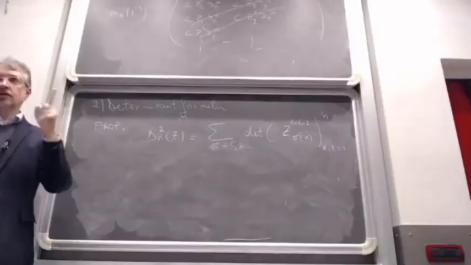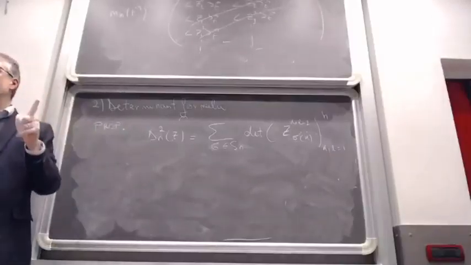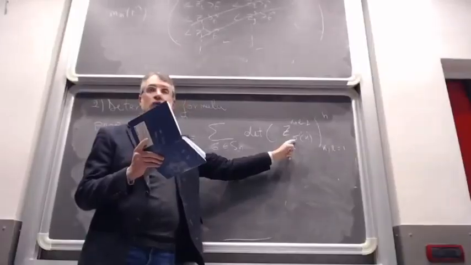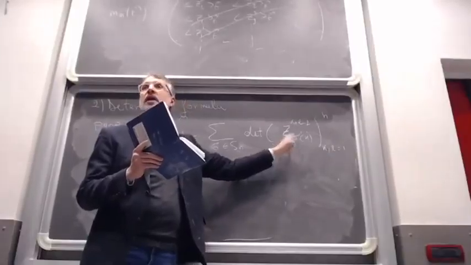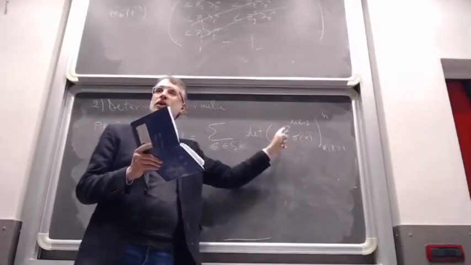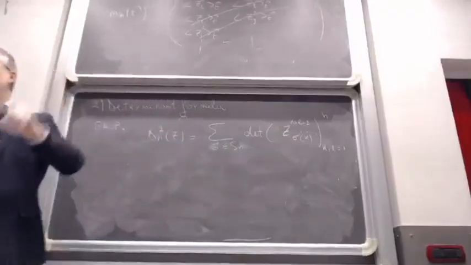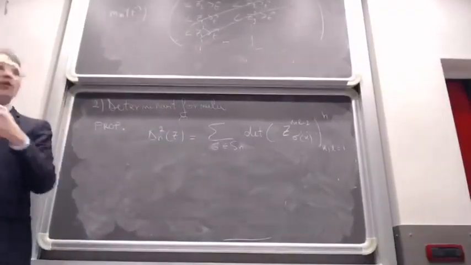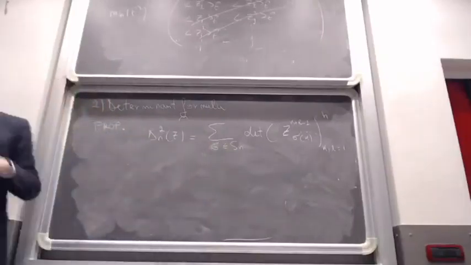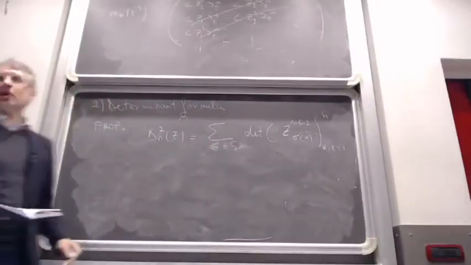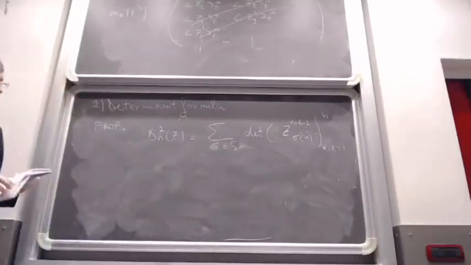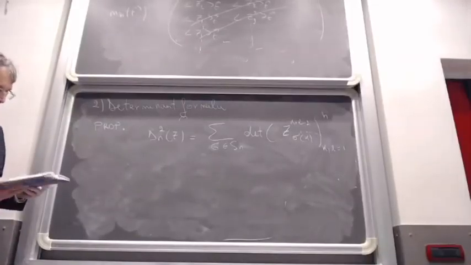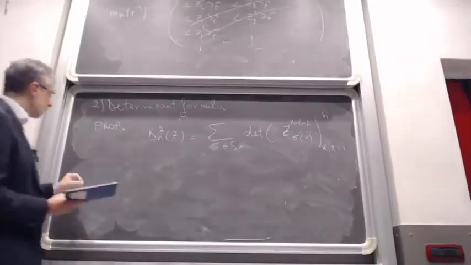You write the product of delta n by itself, and in one factor you choose one permutation index, in the other factor you choose another permutation index, and you just work out the algebra and you end up with this expression. Okay, there is no mystery about this, right? It's very straightforward, just a few lines of calculations.